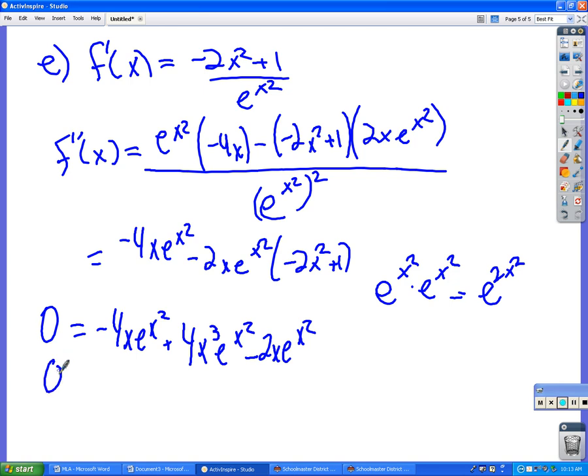So I'm going to say 2x e to the x squared gets factored out. So that gives me negative 2 there, plus 2x squared there, minus 1. So these are actually like terms, we can combine those.